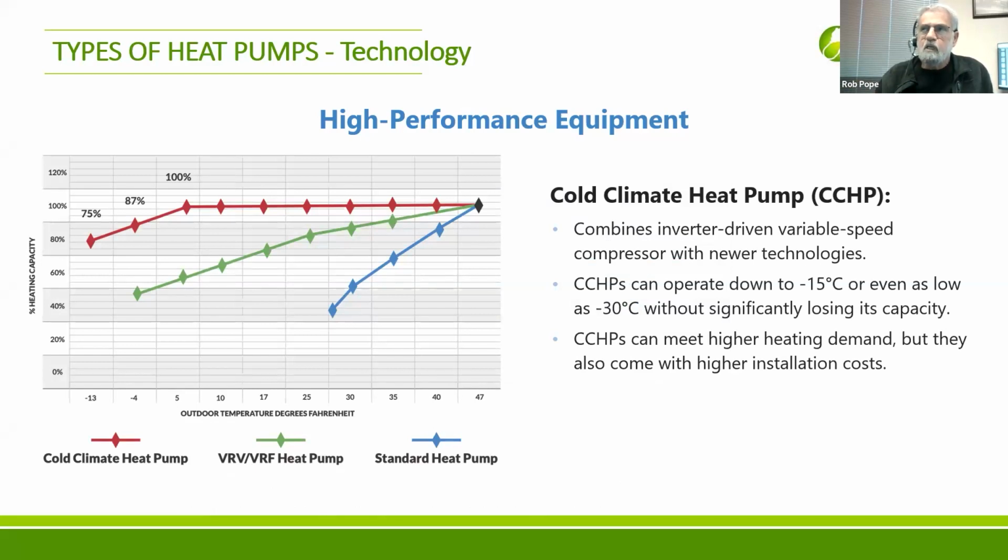Heat pumps generally have been, and depending on the heat pump, still are dependent for their efficiency and their capacity, how much heat they can deliver, on the outdoor temperature. The colder it is, the less capacity there is and the less efficiency there is. However, with the cold climate heat pump, they figured out a way to deliver full capacity and full efficiency to sub-zero temperatures. And to illustrate that, just look at this graph here.